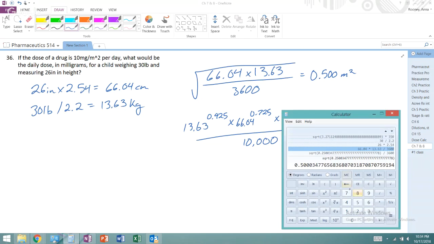So let me do this. 13.63 to the 0.425. Actually, let me redo this. All right.